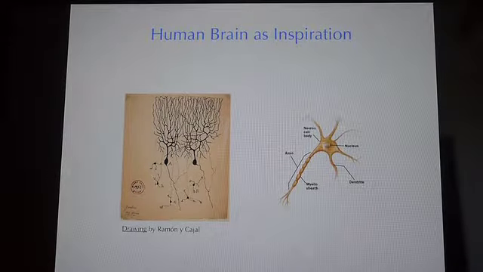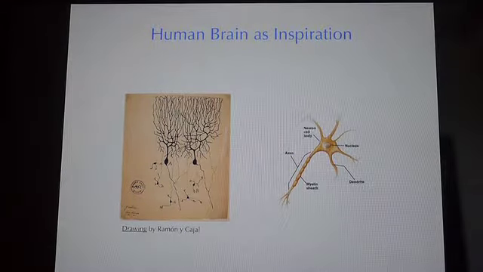So you see that the cell has a core or a nucleus where the information is being processed, and it also has a bunch of input channels, which are called dendrites, and this is where the input signals are received by the nucleus.